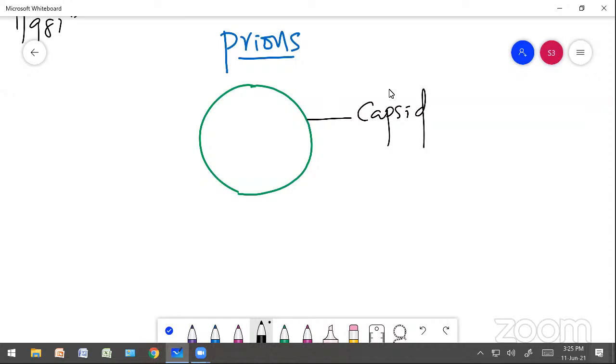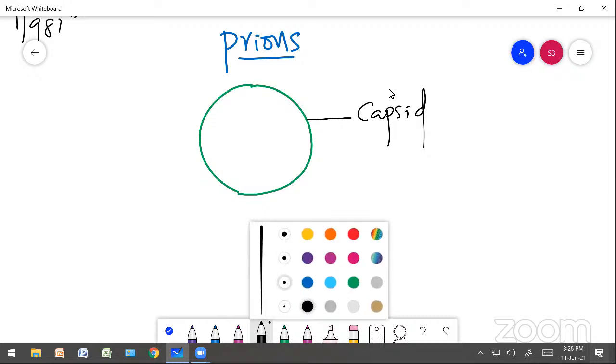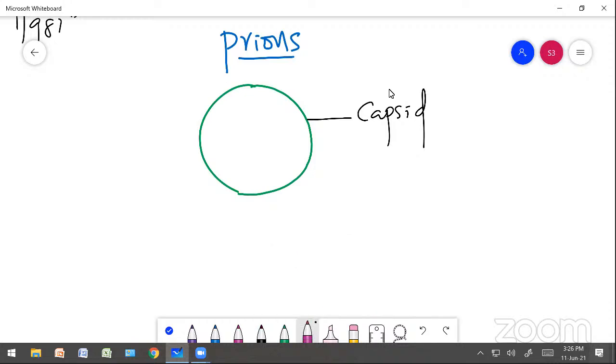Now this diagram represents prion. So prion is a proteinous substance which is enclosing without nucleic acid. So no nucleic acid is present. Here nucleic acid is absent, only capsid. The capsid is nothing but a protein. It's a protein only.